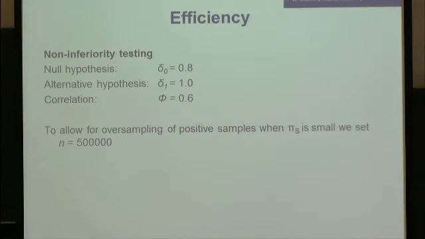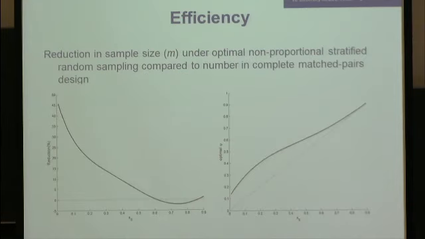Now let's look at the second example, which is a non-inferiority example, and again we set n equal to this large number. We use the same correlation, and we assume that under the alternative hypothesis the positivity rates were equal. Then we see a different picture.